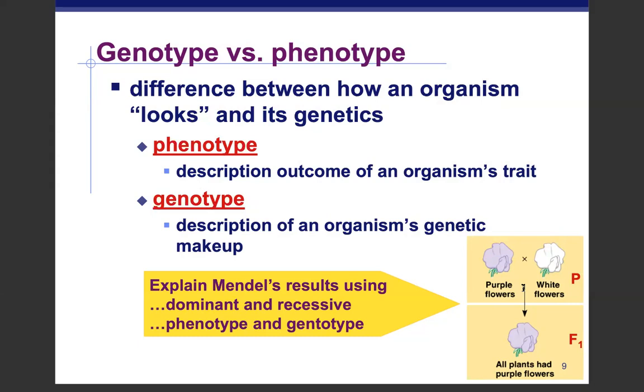The phenotype would only be white if there were two white alleles. If the genotype was homozygous dominant, so capital F, or heterozygous, so capital F, lowercase f, then the phenotype would be purple. If the genotype was homozygous recessive, so lowercase f, then the phenotype would be white.